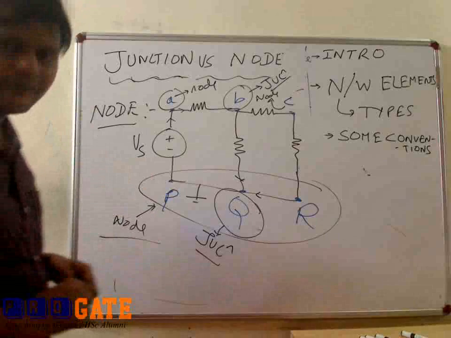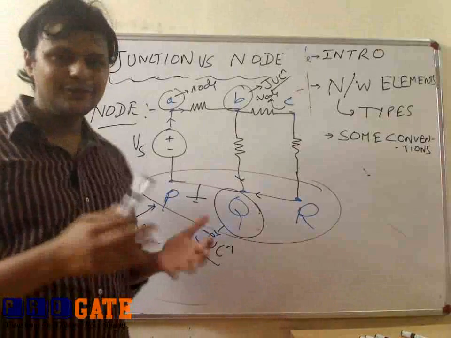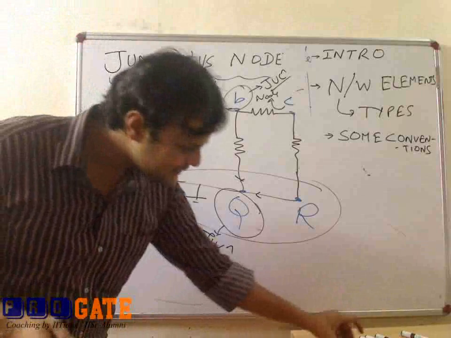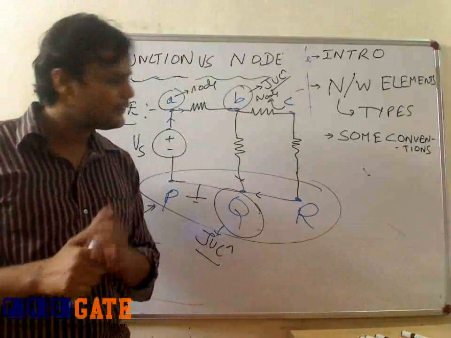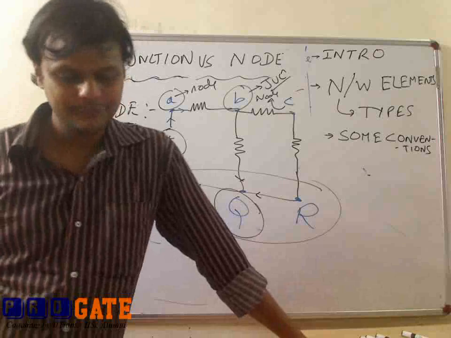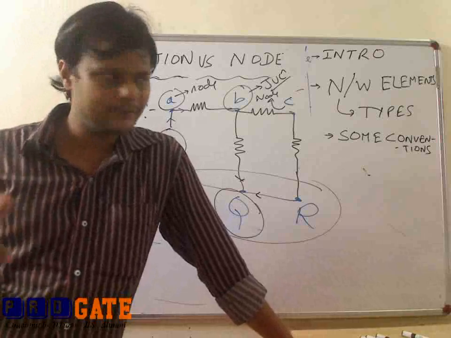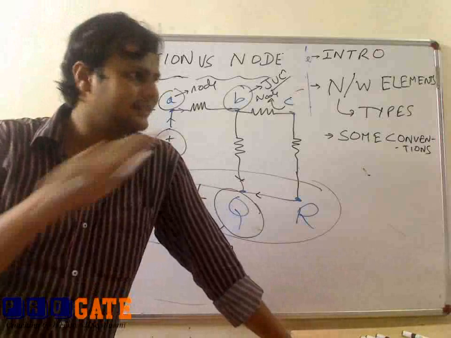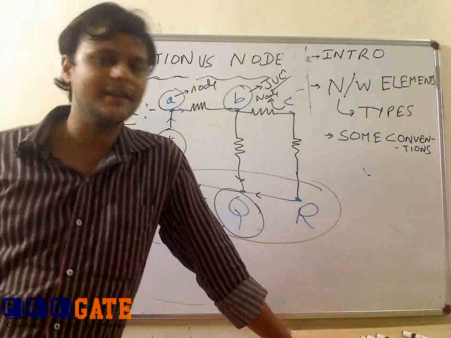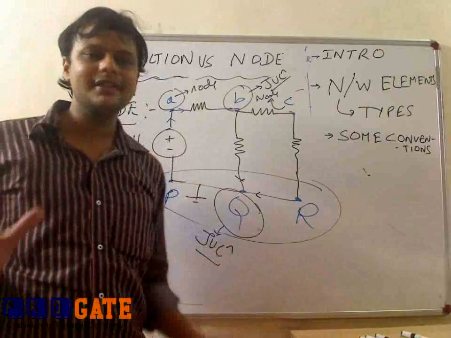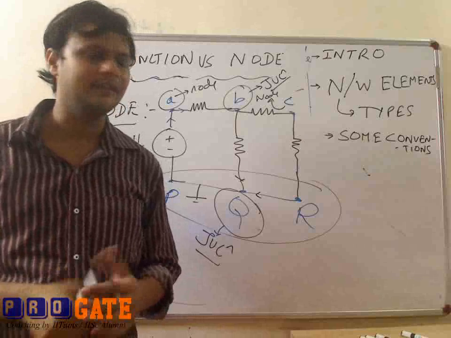And later on we will study that if you know the nodal voltages, or the potential of all the junctions in a network, then you know everything about that network. And if you know all the currents flowing in the meshes, which are called mesh currents, I have not yet defined what a mesh current is, then again you know each and everything about that network.